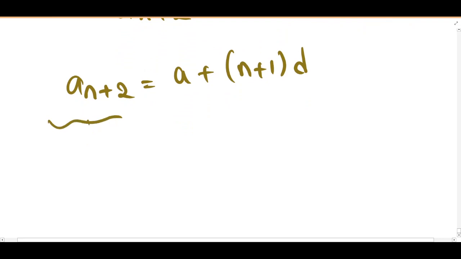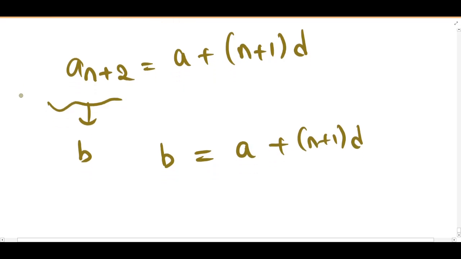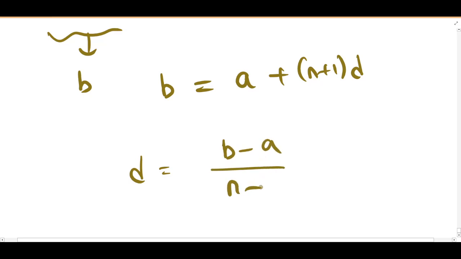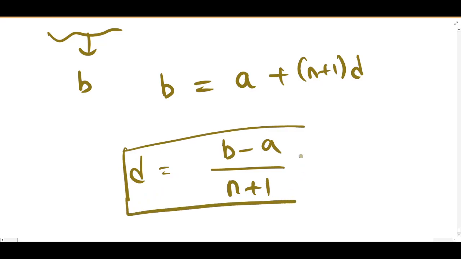So we get the common difference as (b minus a) divided by (n plus 1). This is the common difference when we insert n arithmetic means between two numbers a and b.